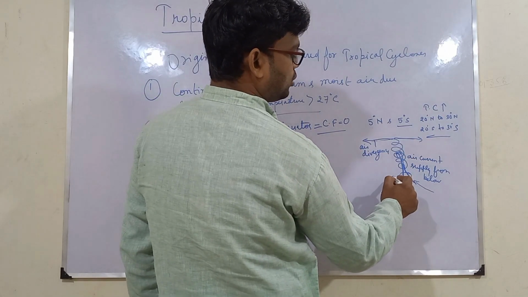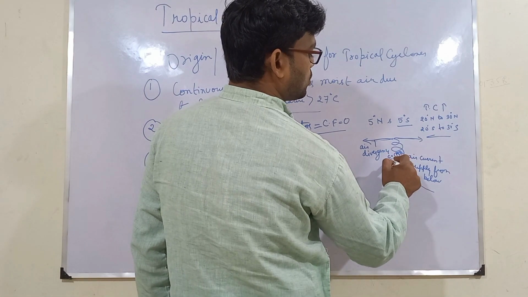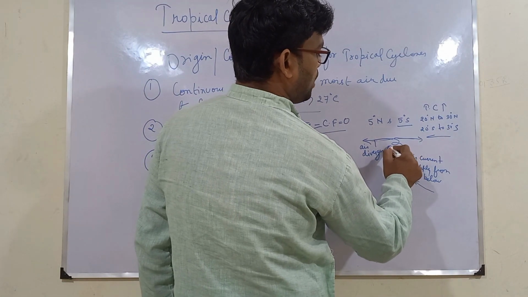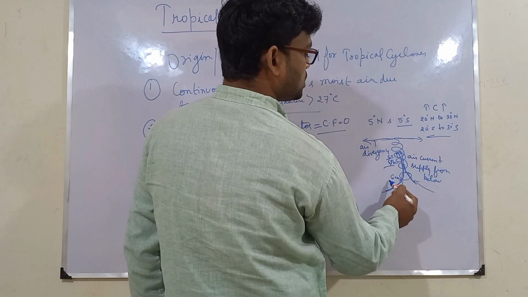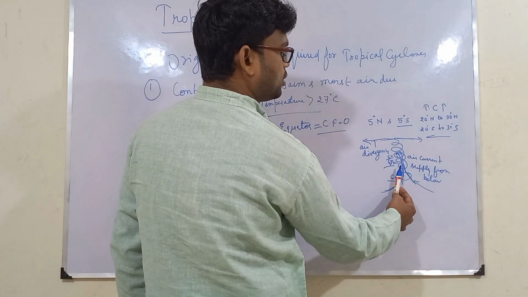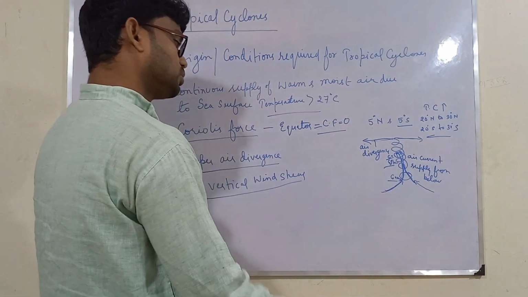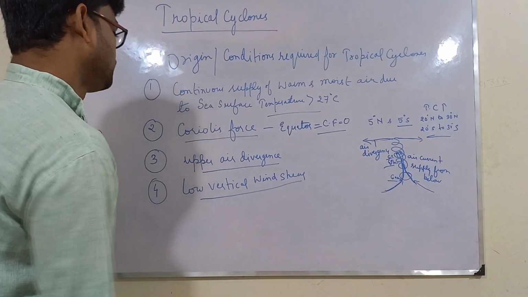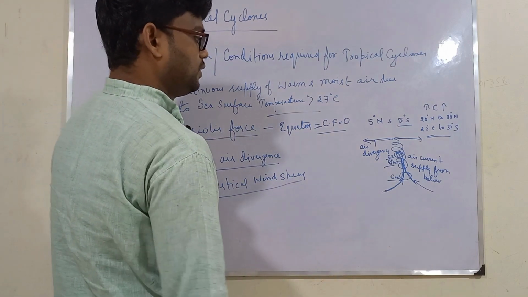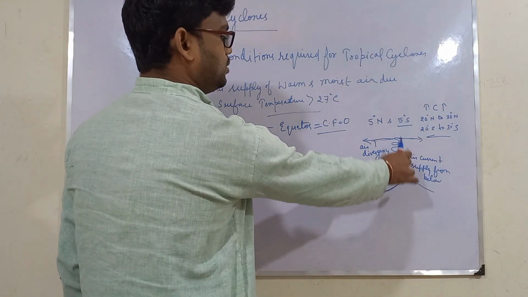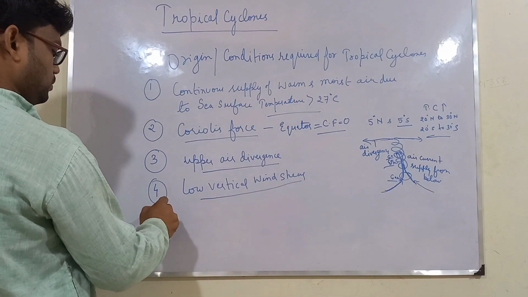For example, if the wind speed here is 60 km per hour, it should remain near about 60 or 61 in the upper troposphere also. So this is low vertical wind shear, which is responsible for tropical cyclones to be formed.